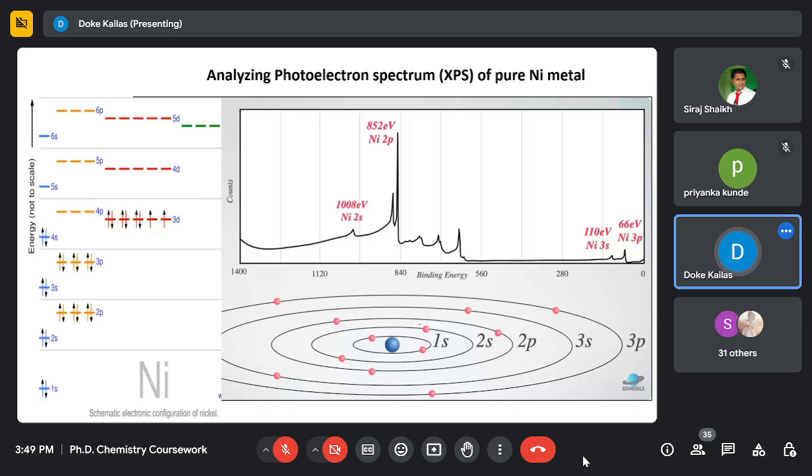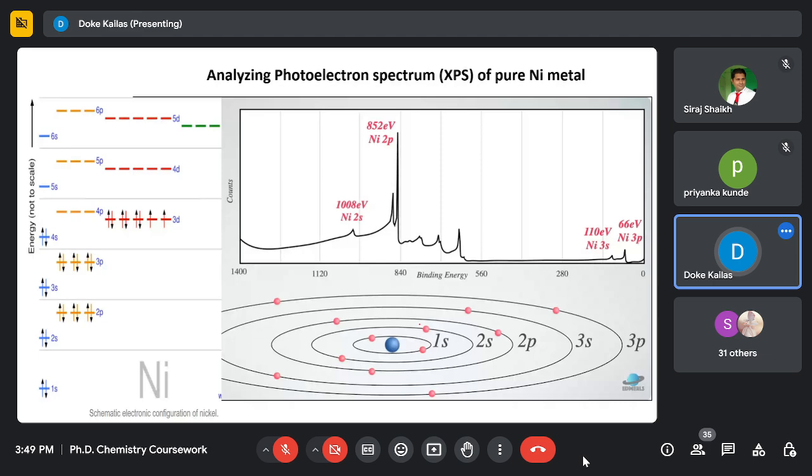So in this case, this will be the core shell electron, but this will not be the core shell electron. So if it is a carbon, then the carbon 1s electron can be easily removed. But if you go to higher and higher atomic number, the electrons' energy increases and the size increases.